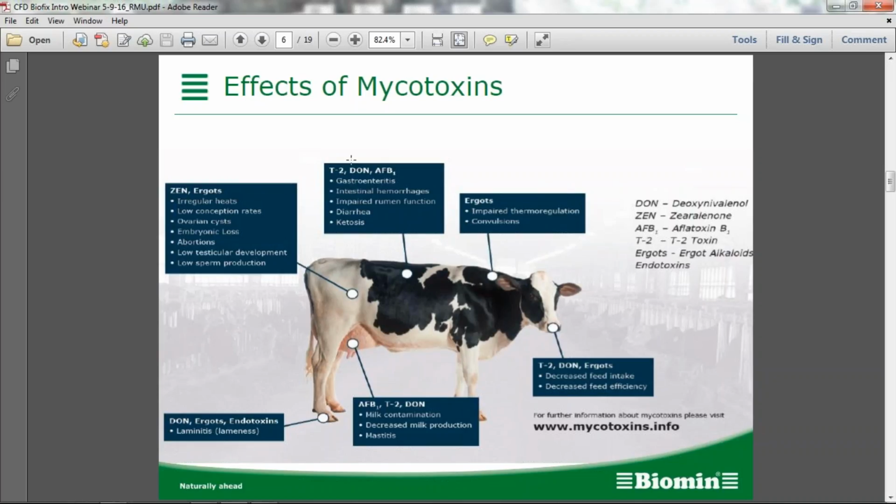A variety of the toxins lead to the different gastrointestinal signs, such as gastroenteritis, intestinal hemorrhages, altered rumen function, and diarrhea, like I already mentioned.